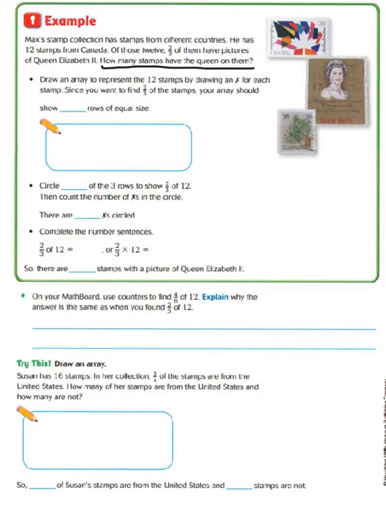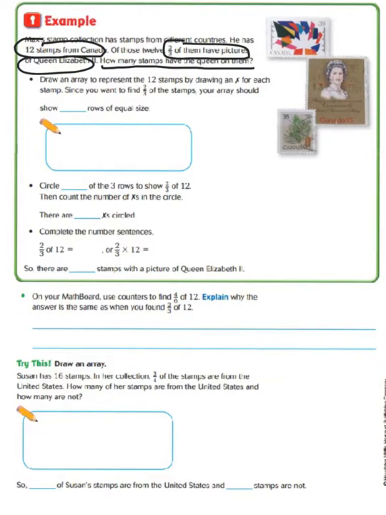Let's see what other important information we can pull. He has 12 stamps from Canada, so we know that's important. And then it says, of those 12, 2/3 of them have pictures of Queen Elizabeth II.